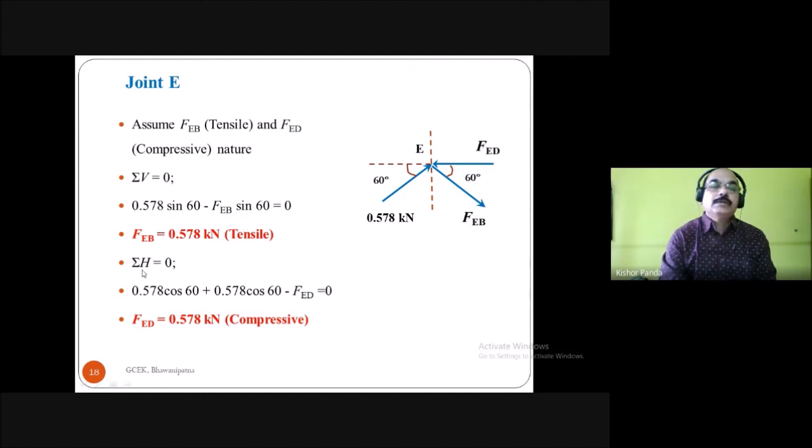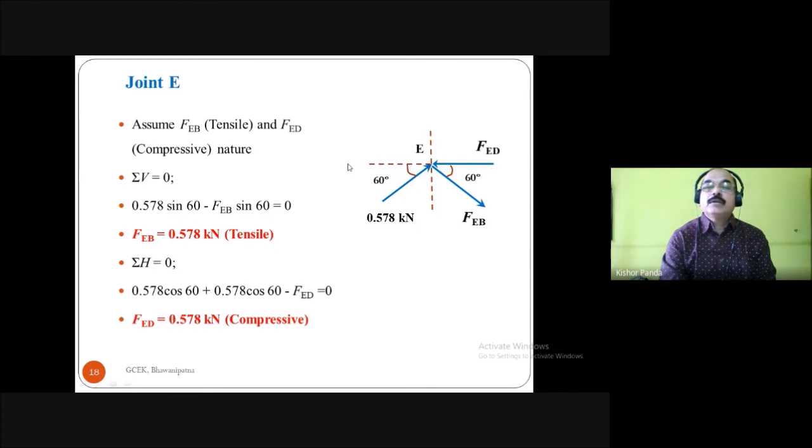Then you take the summation of horizontal force equal to 0 and find out the other unknown, FED. Here you see this is the horizontal force and these are inclined forces. Take the component along the horizontal direction. So FEB cos 60, and this is 0.578 cos 60, and this is FED.